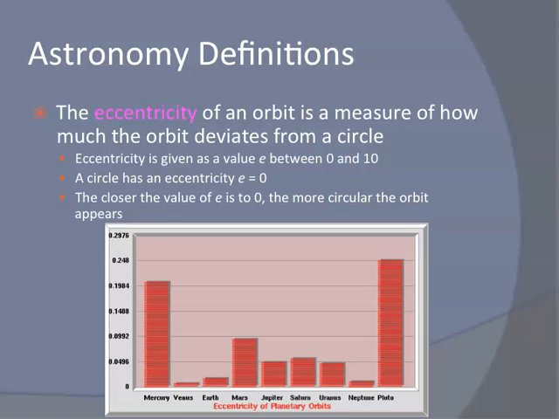Okay, but also notice that if you look on the y-axis here, even though eccentricity is given as a value between 0 and 1, you can see that the eccentricities are all under 1. So they're fairly close to being a circle, but they're not exactly circular.